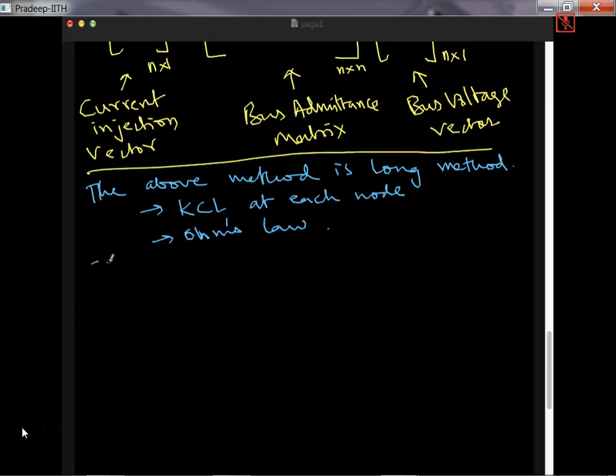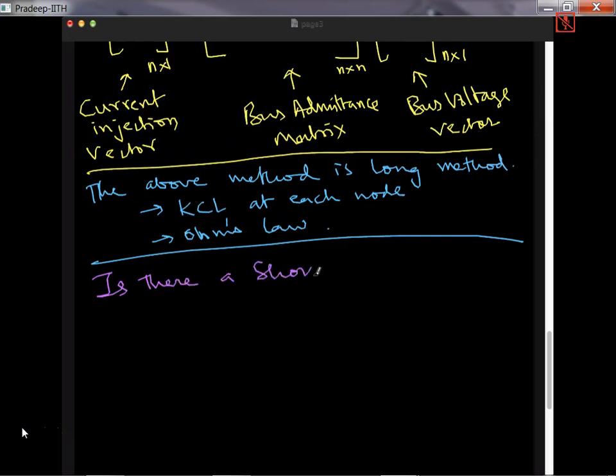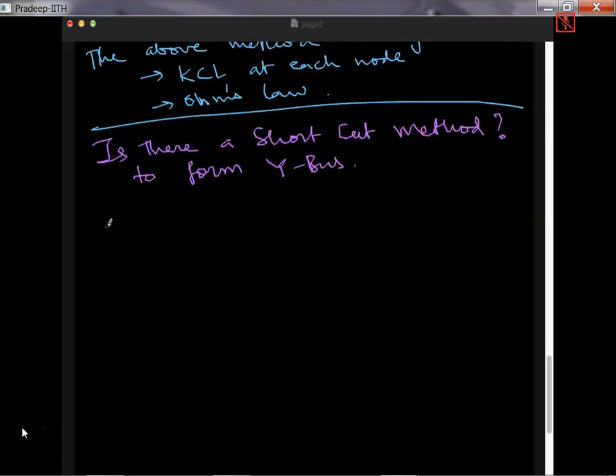So, is there a shortcut method to form Y bus? So the answer is yes.